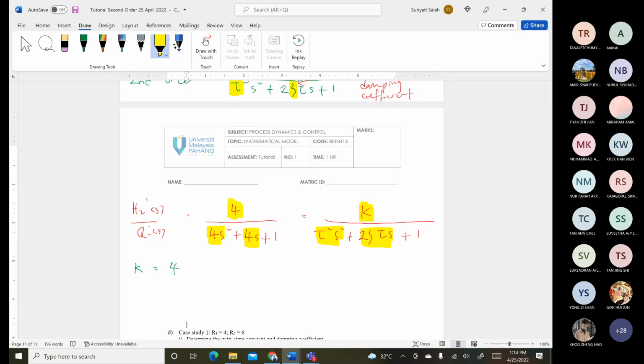For example, K equal to 4. Now, on the denominator, S square indicates that tau square equal to 4. So the value of tau equals the square root of 4, which is 2.